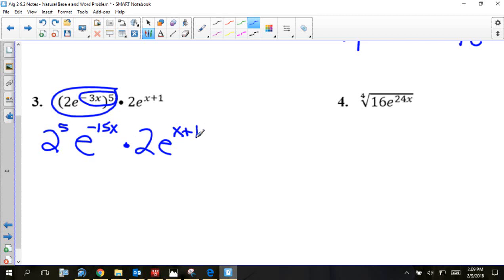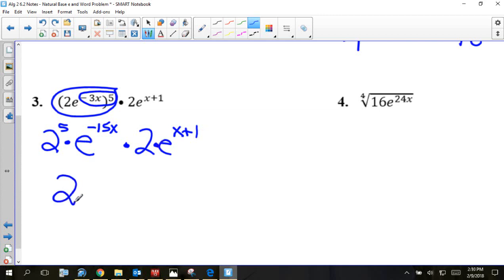So now I'm just multiplying. I can multiply the 2 to the fifth with another 2. What do I get from multiplying by 2's? I'm not multiplying the e's, so there's multiply here, and there's multiply here. I get 2 to the 6th.